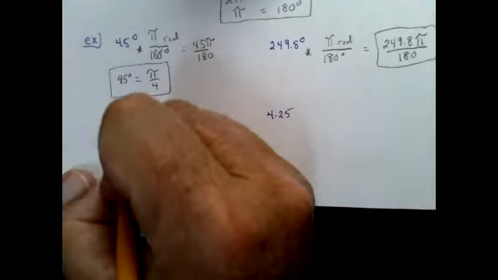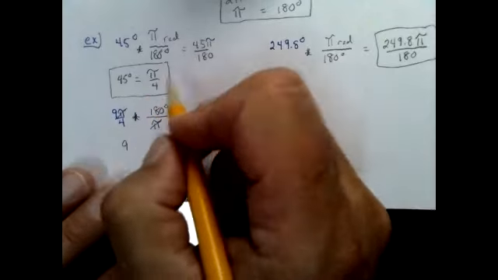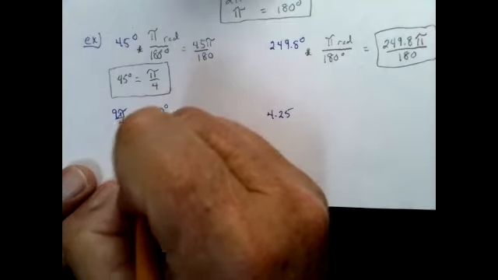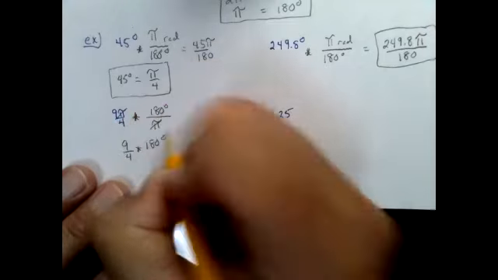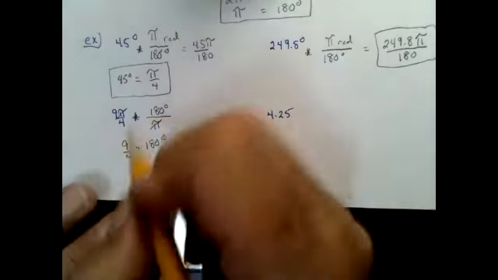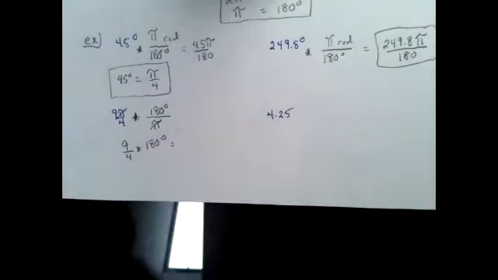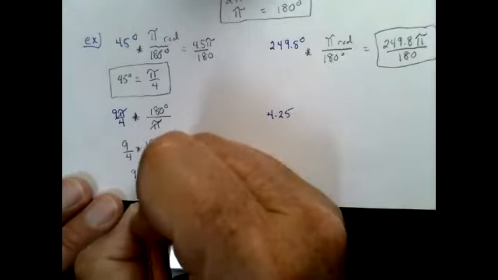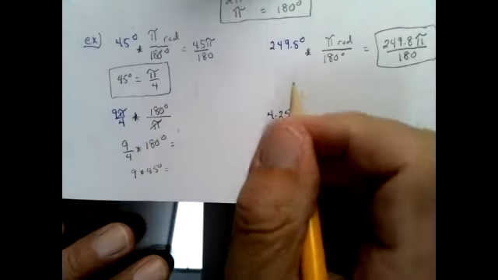Now I'm going to get 9 times 9 over 4 times 180 degrees. 4 goes into 180 like 45 times. So now I get 9 times 45 degrees.